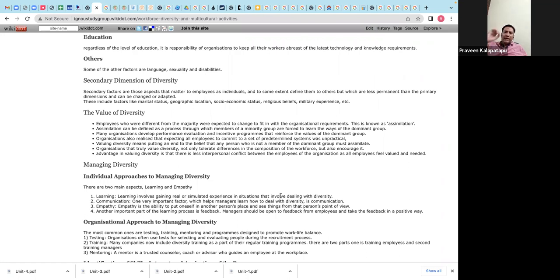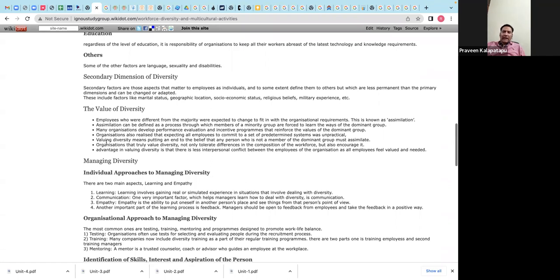These are truly diverse organizations, and they have a well composed workforce. They take care of minorities according to their particular culture and their particular needs, rather than fitting those employees into the majority group. Obviously, there are advantages with this.